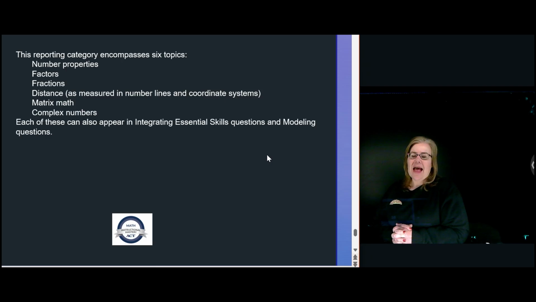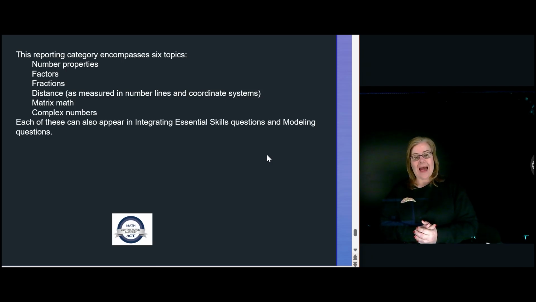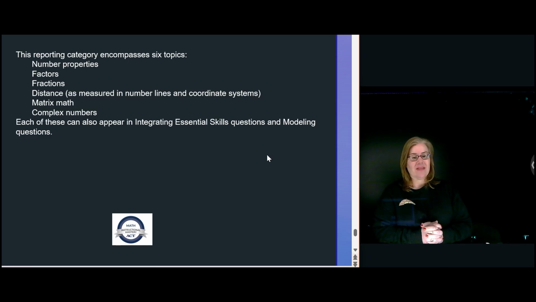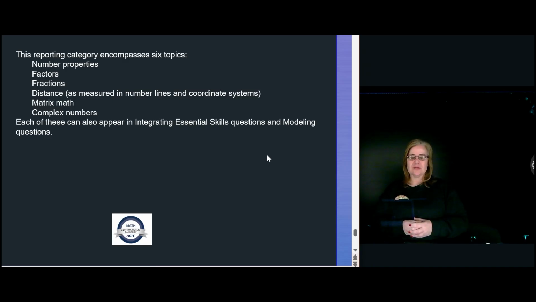The first thing that you have is 6 topics in these reported categories. You've got number properties, factors, fractions, and distance, which is measuring on coordinates or on number lines. You have the matrix math. You've got to make sure that you're understanding how to use that matrix math on your calculator. You can also look at complex numbers. Each of these can appear in integrated essential skills.